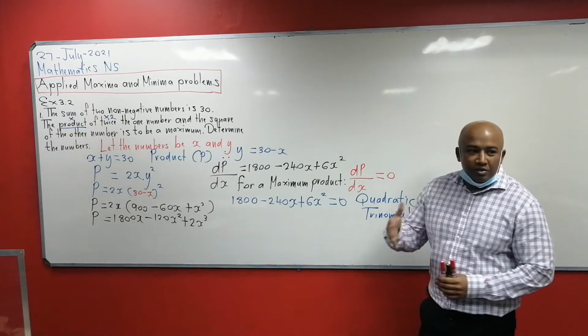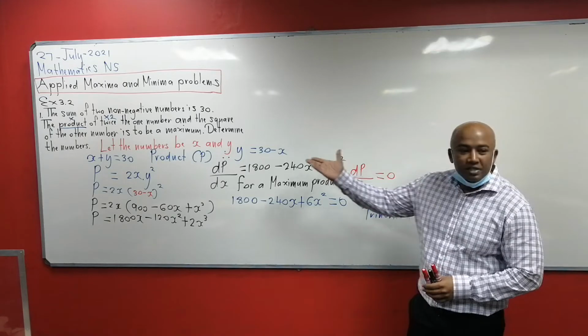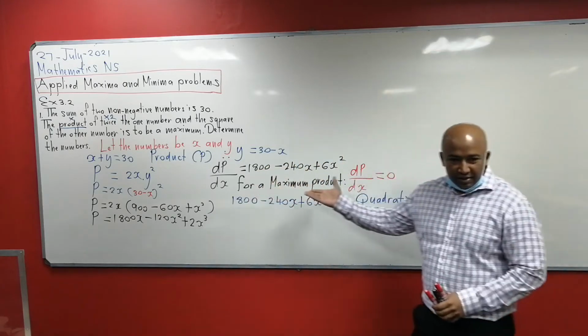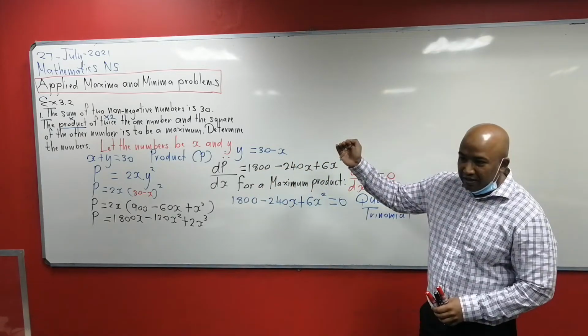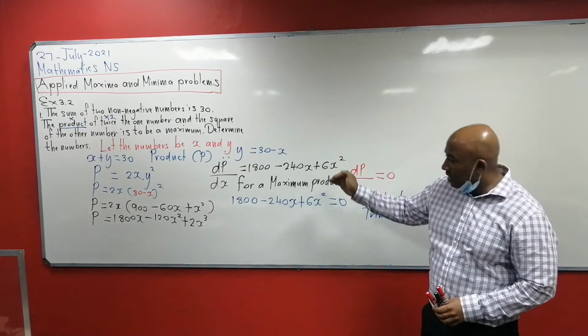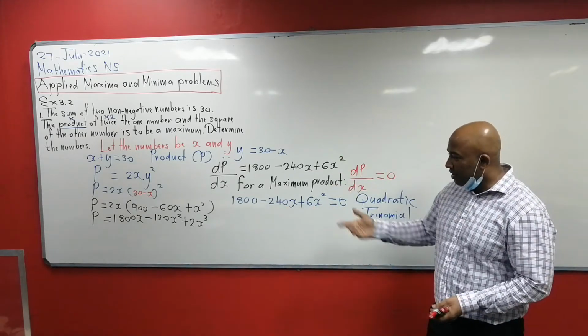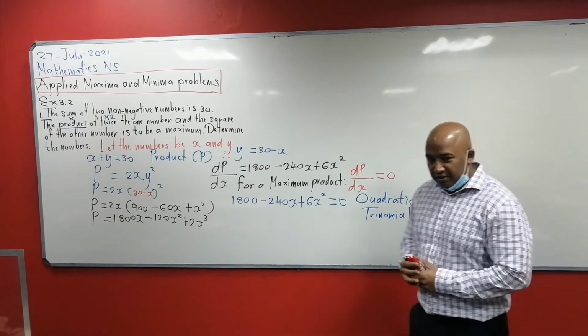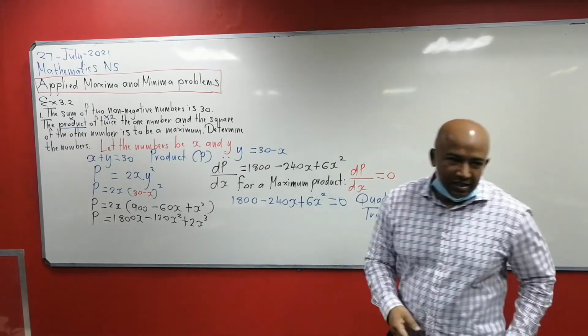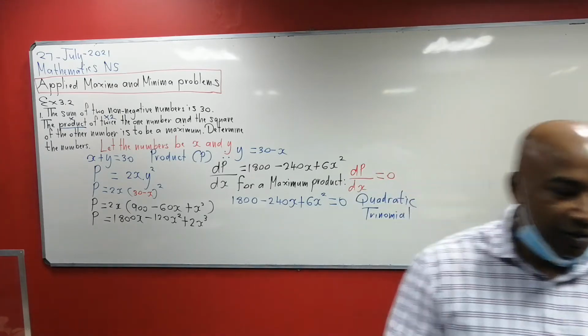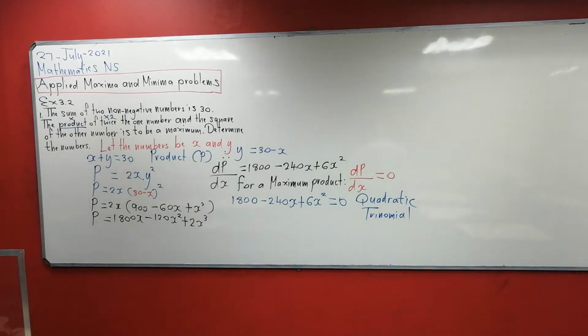Right, so you are not forced to go and factorize, because this is not a section on factorization. Right, this is a section on applied maxima and minima problems. So how you work this out is up to you. If you want to use the formula, you can use it straight. Right, so let me give you 2 minutes to factorize or use the formula. It's up to you.